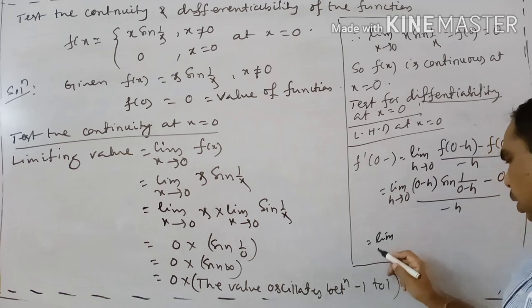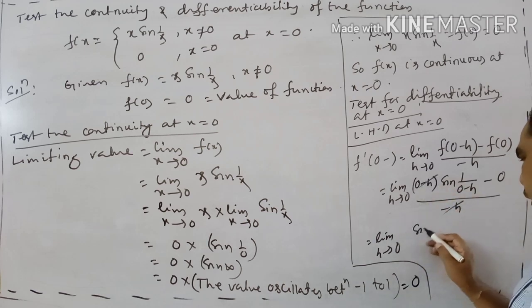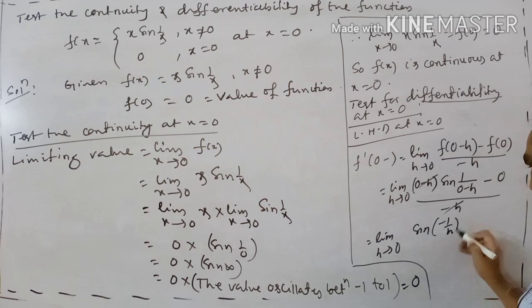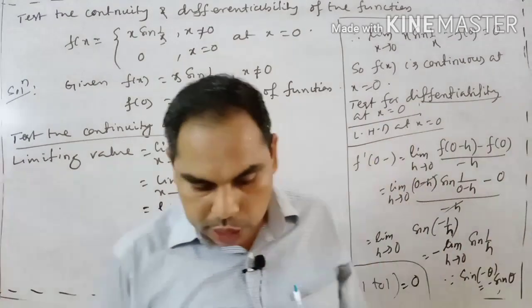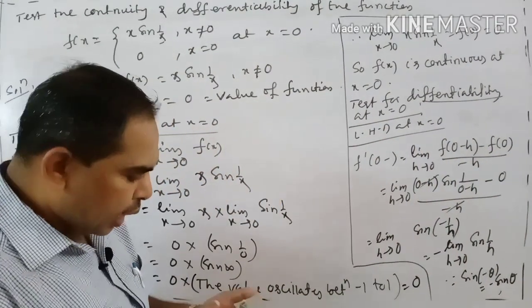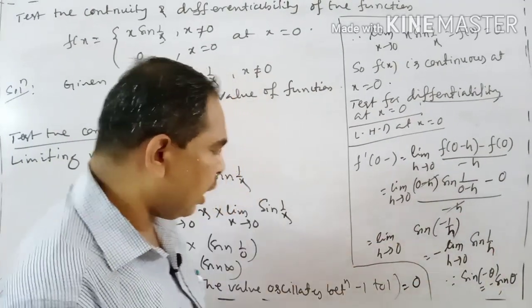So is equal to limit h tends to 0. The minus h cancels with minus h, so we get sin of minus 1 by h, which is minus limit h tends to 0 of sin 1 by h. Sin of minus theta is equal to minus sin theta. So sin of minus 1 by h is equal to minus sin 1 by h.